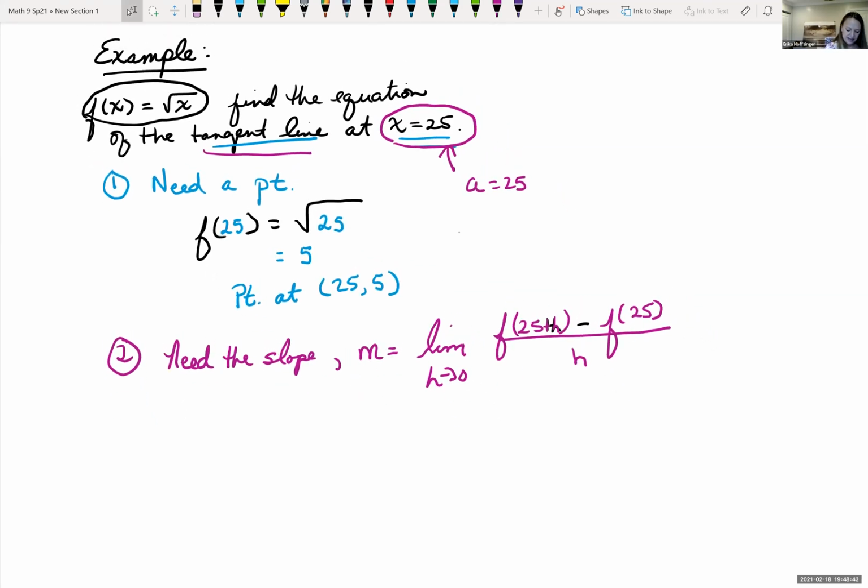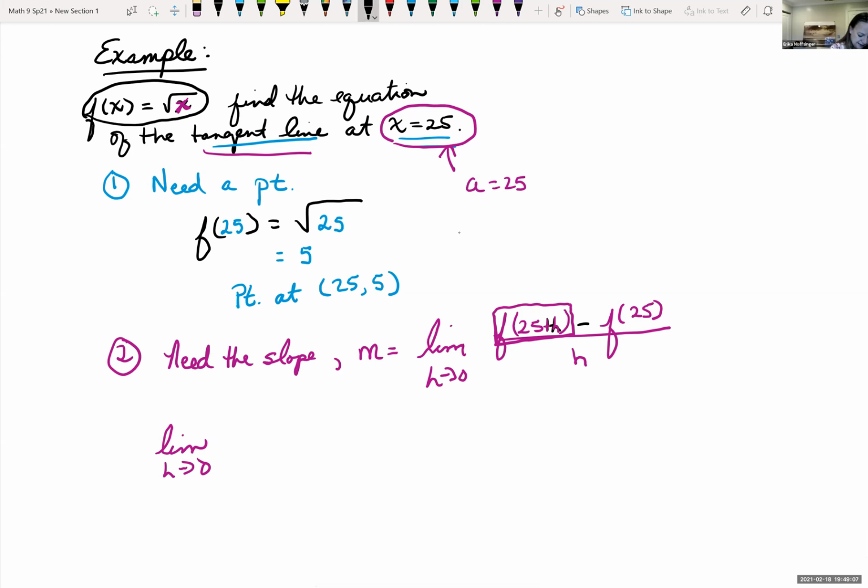Okay, so we can do that. You can do it in pieces, or you can just throw it all together, and let's just throw it all together here. So we have the limit as h goes to 0. First looking at f of 25 plus h, you're going into your function again, but this time wherever you see an x, you're replacing it with the whole expression 25 plus h.